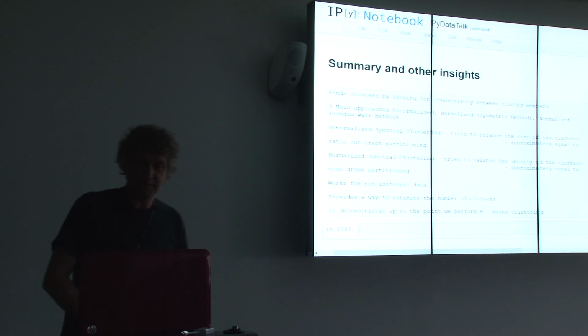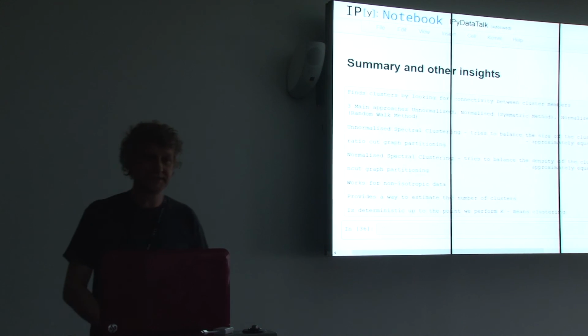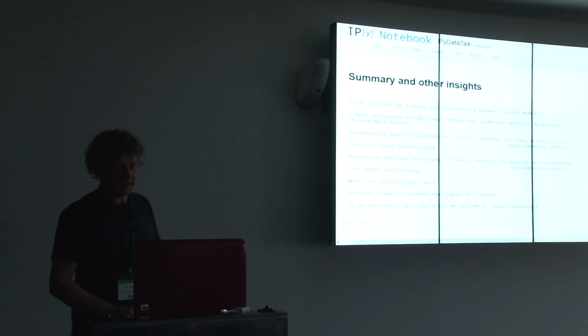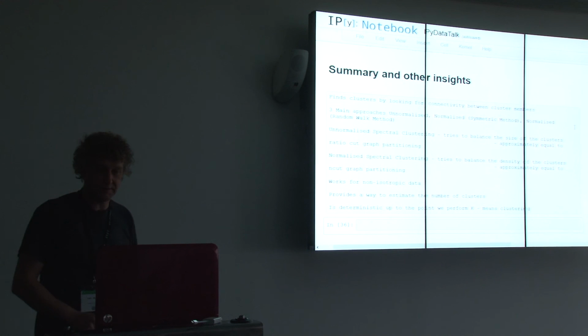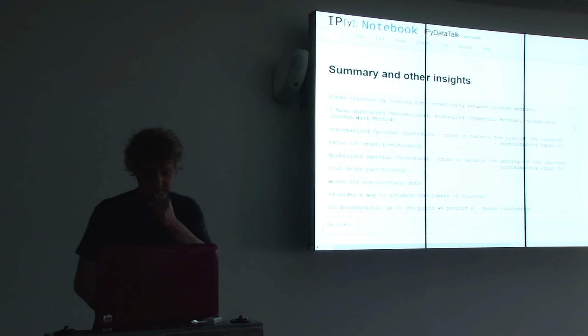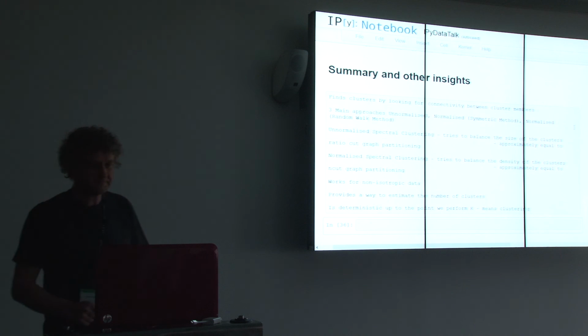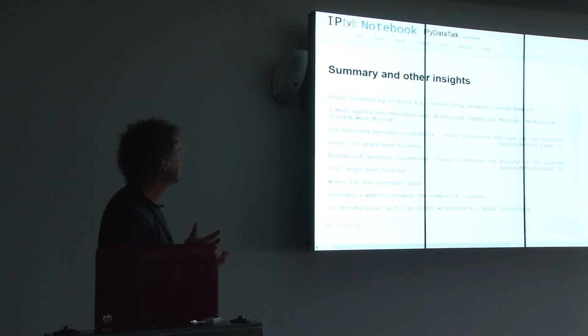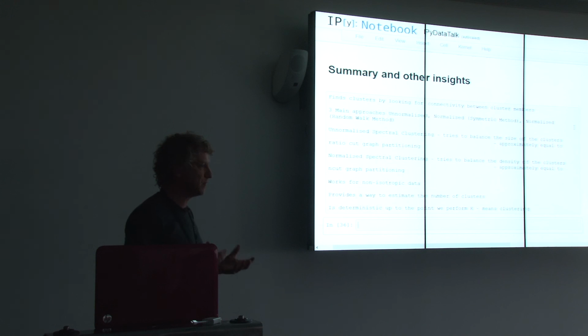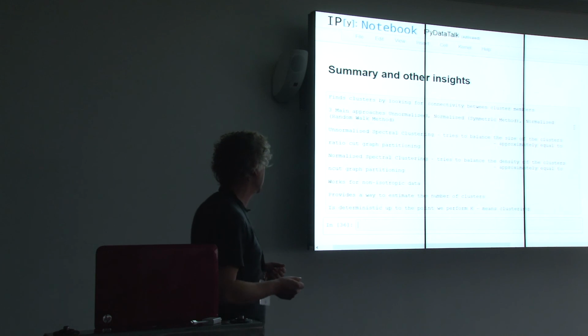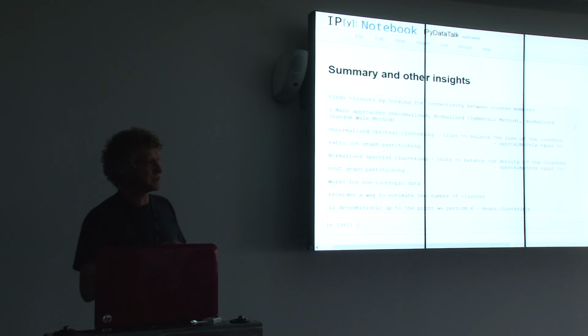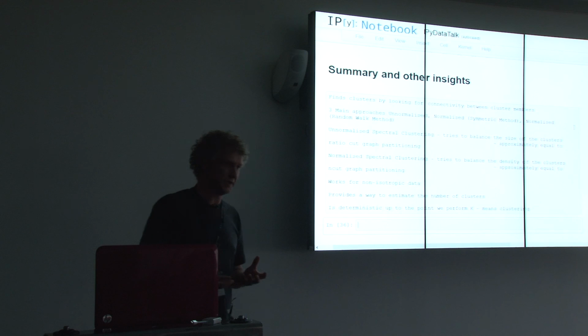So just to wrap up, spectral clustering works by finding connected items. There are 3 main approaches: one unnormalized and two normalized. Just to give you an insight as to why or when you might want to use unnormalized and normalized: unnormalized spectral clustering effectively tries to balance the size of the clusters.